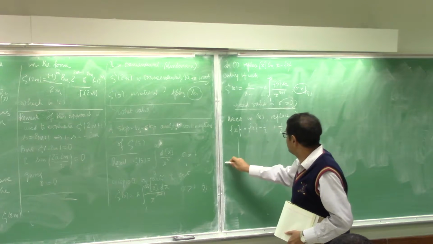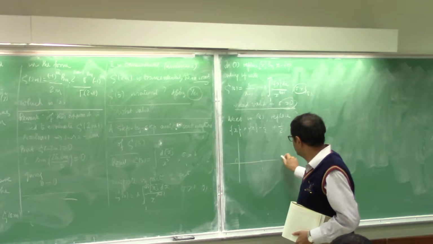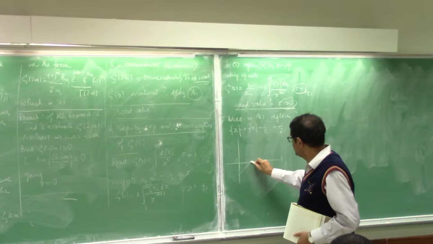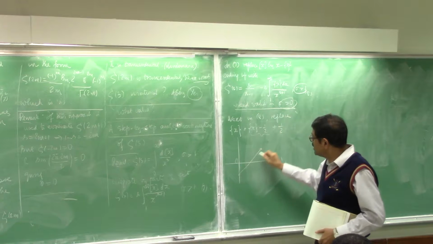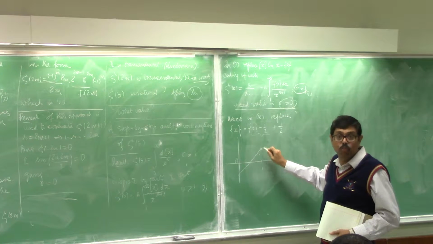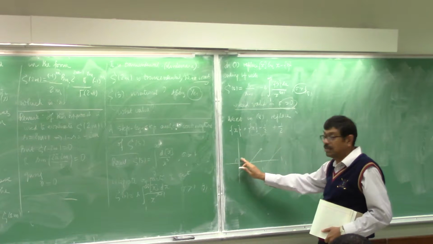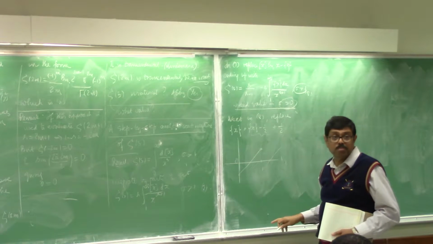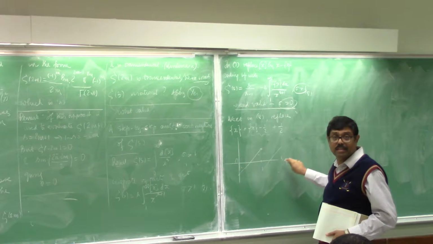Now, what is the advantage of replacing fractional part of x by fractional part of x minus half? So let's look at a graph of this. So this is 0, this is 1, this is 2. Fractional part of x minus half goes from minus half to plus half, which means when I start integrating, calculating the area, not only is this bounded, the antiderivative is bounded because this cancels this, this cancels this, this cancels this.